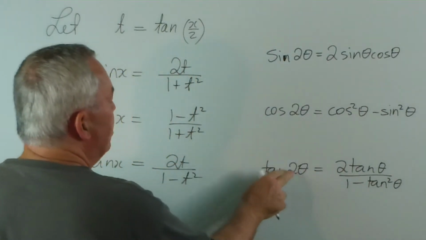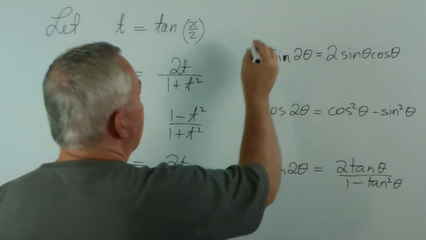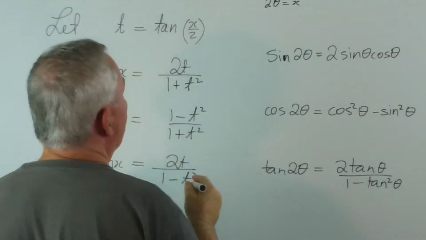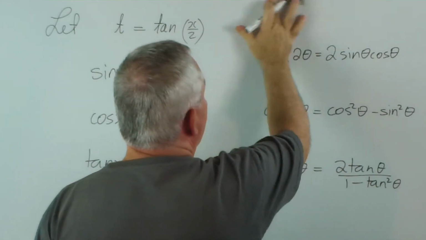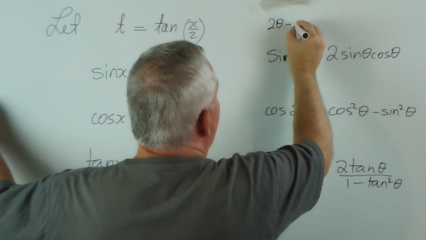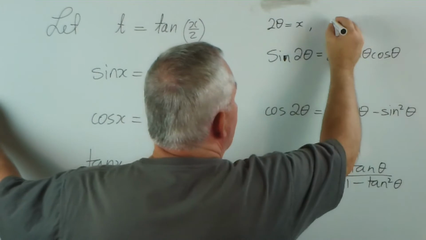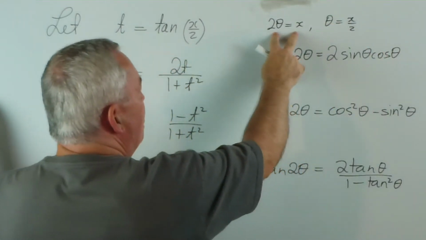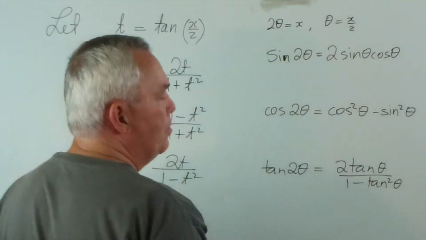If we replace 2 theta with x, so if 2 theta equals x, I might be off the top of the board there, so I'll just lower that down. If 2 theta equals x, then it means that theta is going to be x on 2. I think you agree with that, if I divide both sides of that equation by 2.